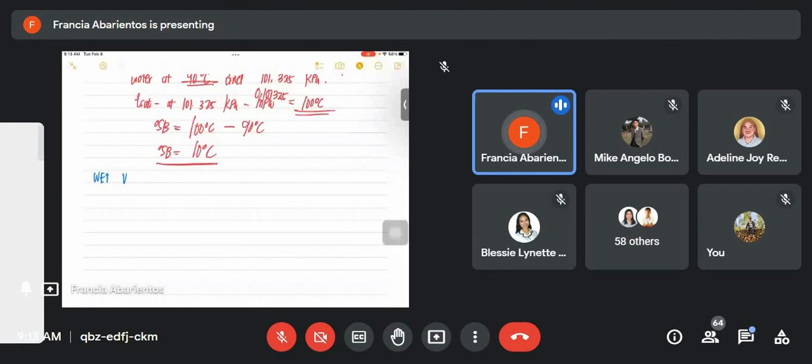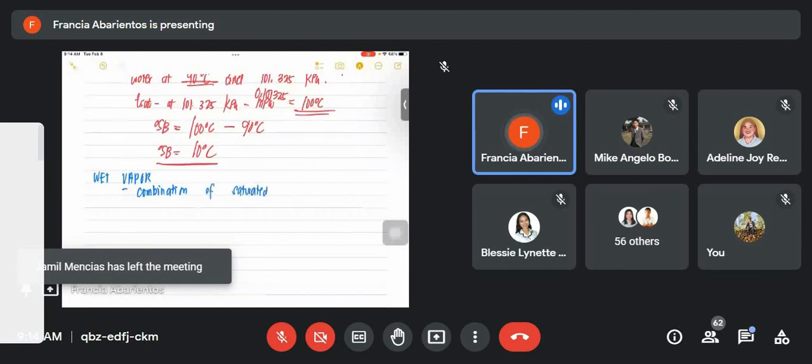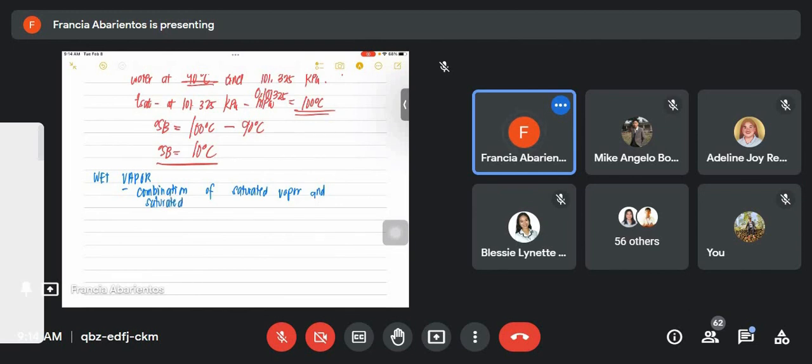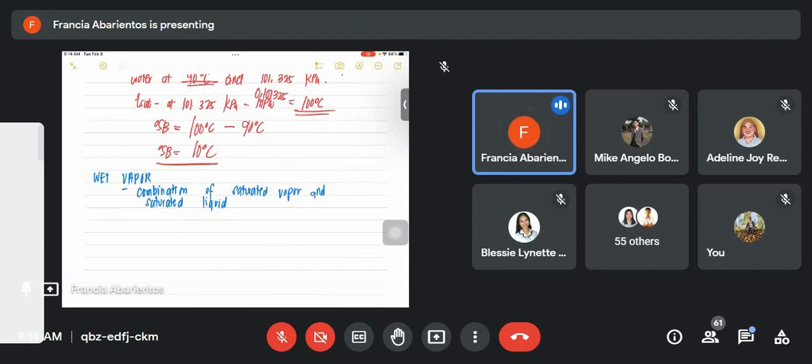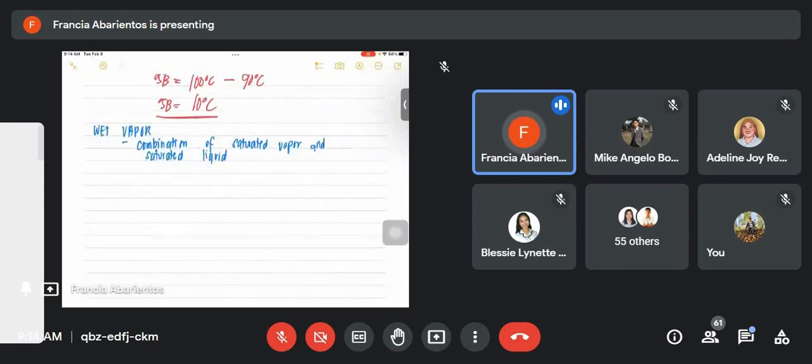Wet vapor, class, is a combination of saturated vapor and saturated liquid. How do we get the wet vapor? I will show the TS diagram later. In the TS diagram and the PV diagram, you will see everything I am saying.